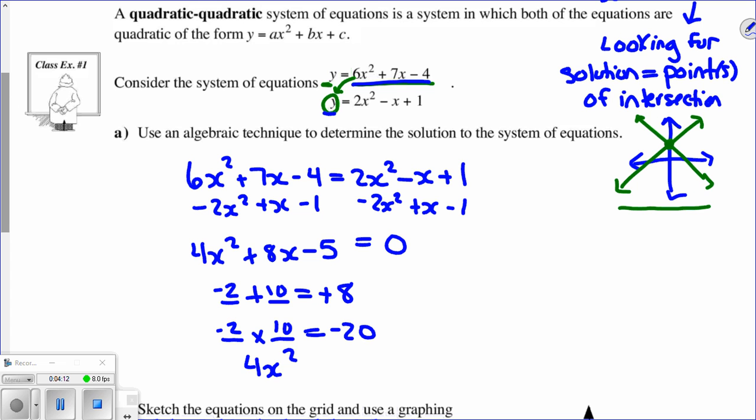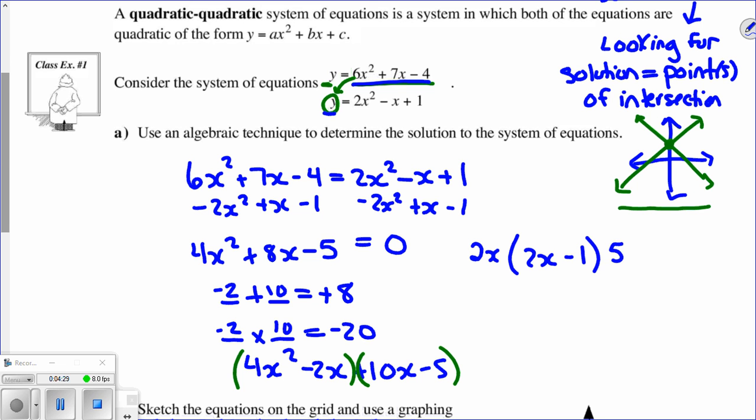So 4x squared minus 2x plus 10x minus 5. Factor up a storm here. I'm going to take out 2x, left with 2x minus 1. And I'm going to take out a 5, 2x minus 1.